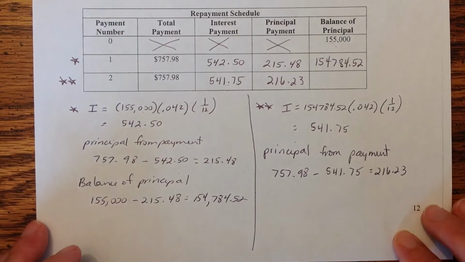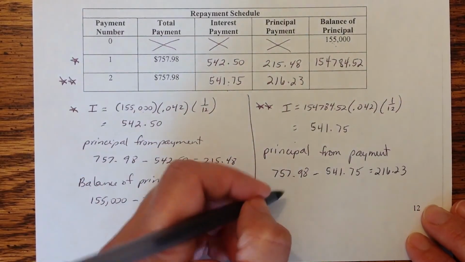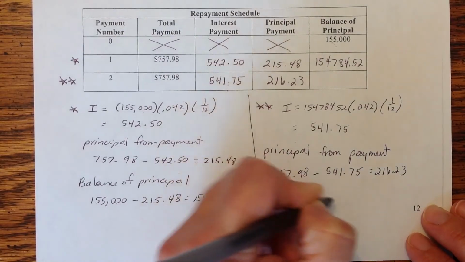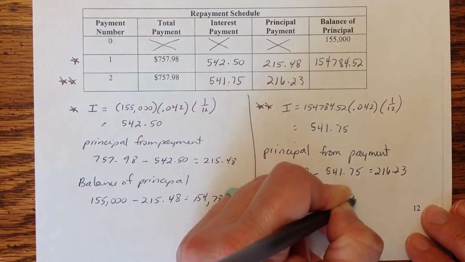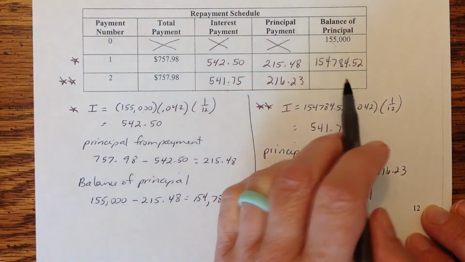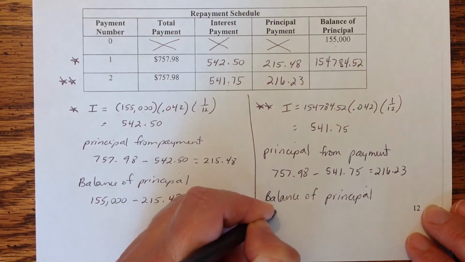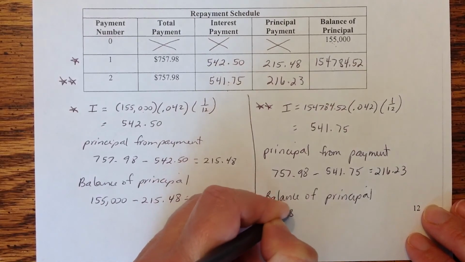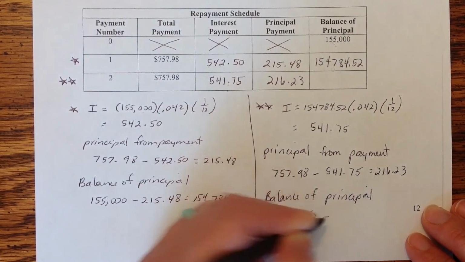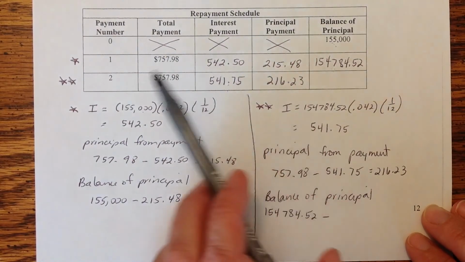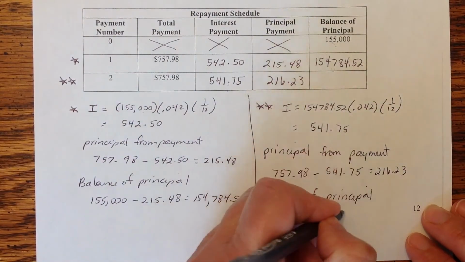And then if you want to compute what is the balance of principal that's left, you take your last balance of principal, 154,784.52, and you subtract the principal that came from payment 2, 216.23.